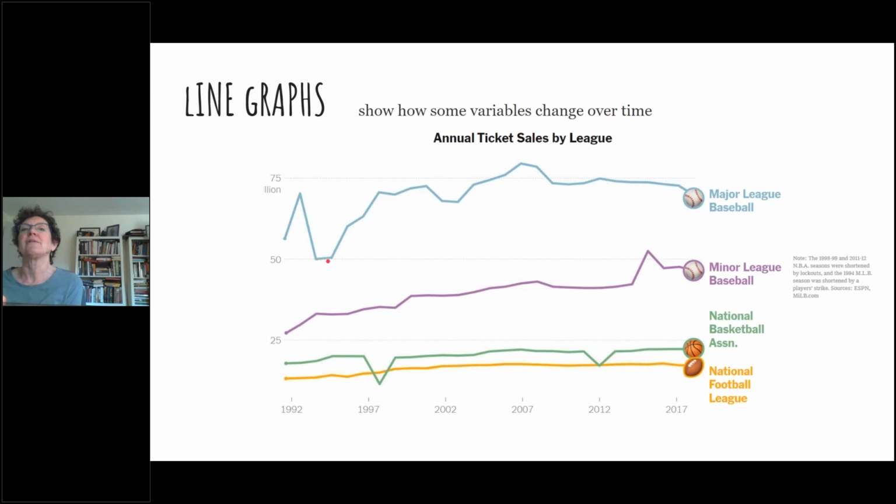And then look, the next season it took them a while, but then they went up and up and up. Those are always good things to take a look at, where there's a sharp change one way or the other. What would have impacted that?